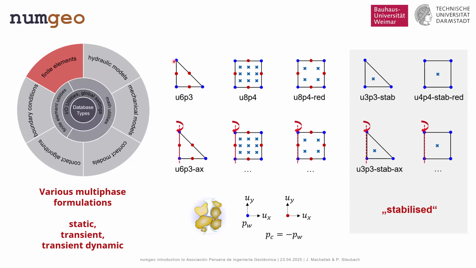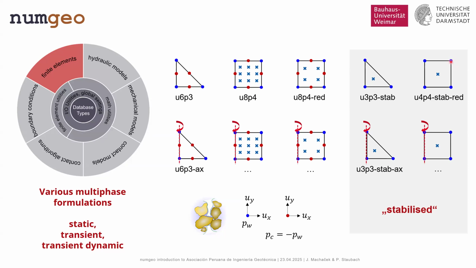These elements are stable under various different loading conditions, but they necessitate the use of quadratic elements, which in some cases is maybe not favorable. So we also implemented stabilized linear elements, which discretize with the same order of interpolation the solid displacement and the pore fluid pressures at the nodes.